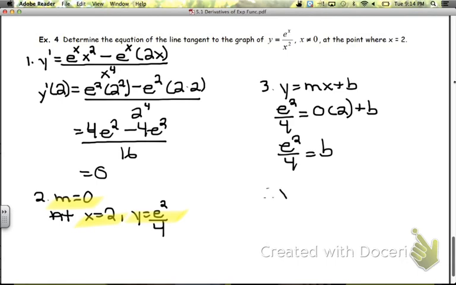So therefore y is equal to e squared over 4. And that tells me also that y is equal to 1.847. So since we have a y value, and it's just y, we don't have a slope, that tells me that we have a horizontal line.